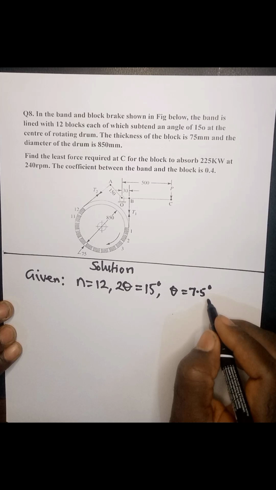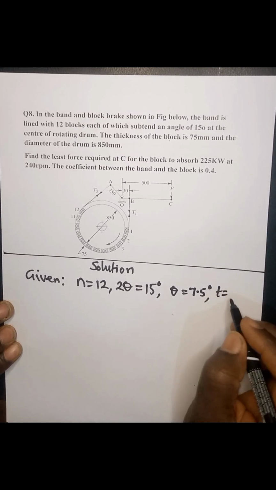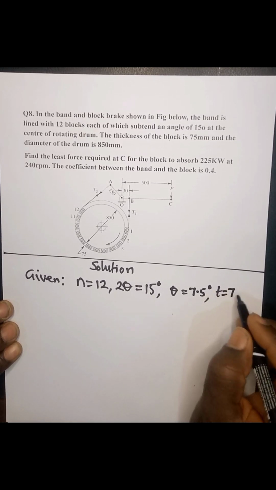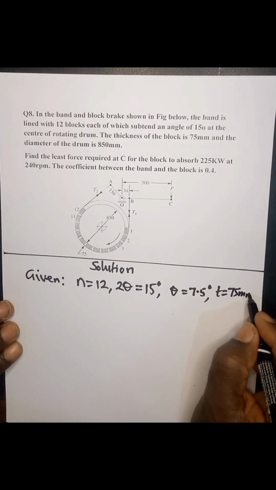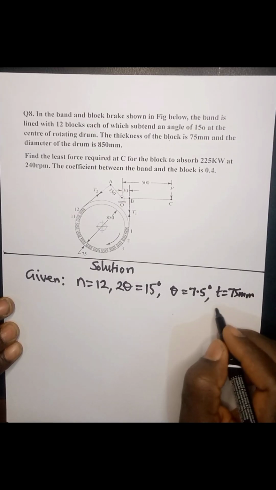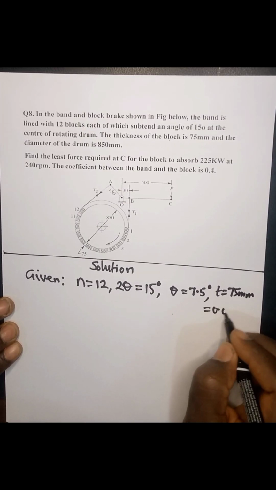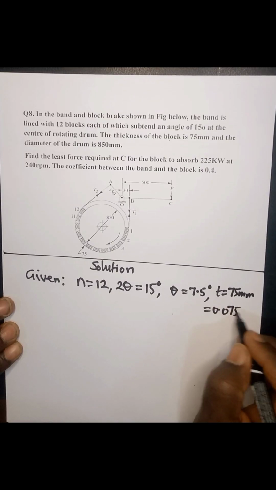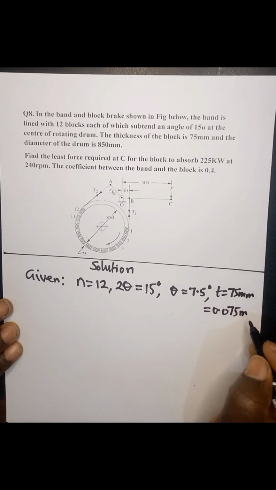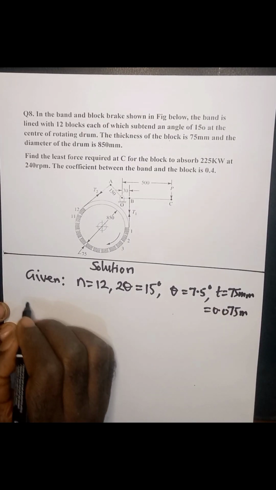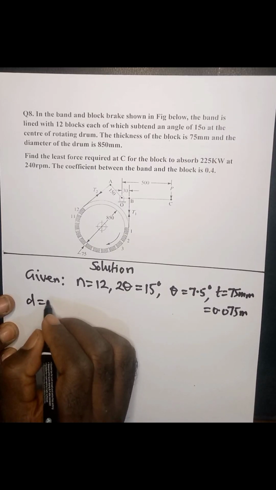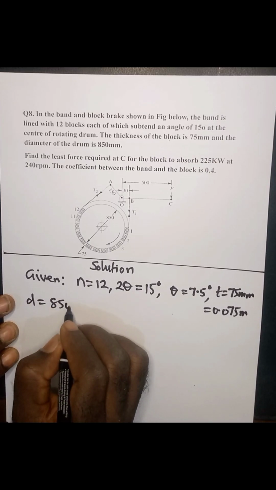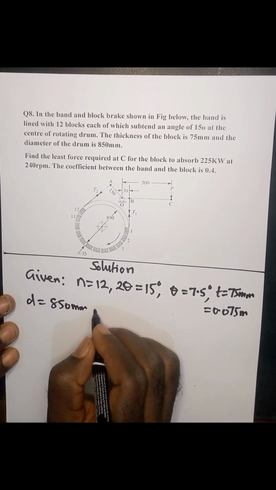Then we're given the thickness of the block t to be equal to 75 millimeter, which is equal to 0.075 meter. Then we're also given the diameter of the drum to be 850 millimeter, which is equal to 0.85 meter.